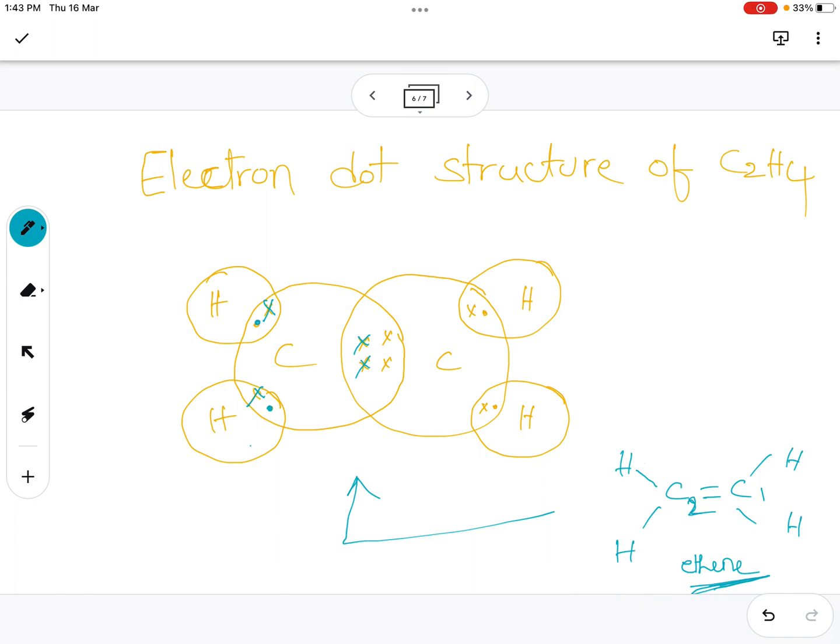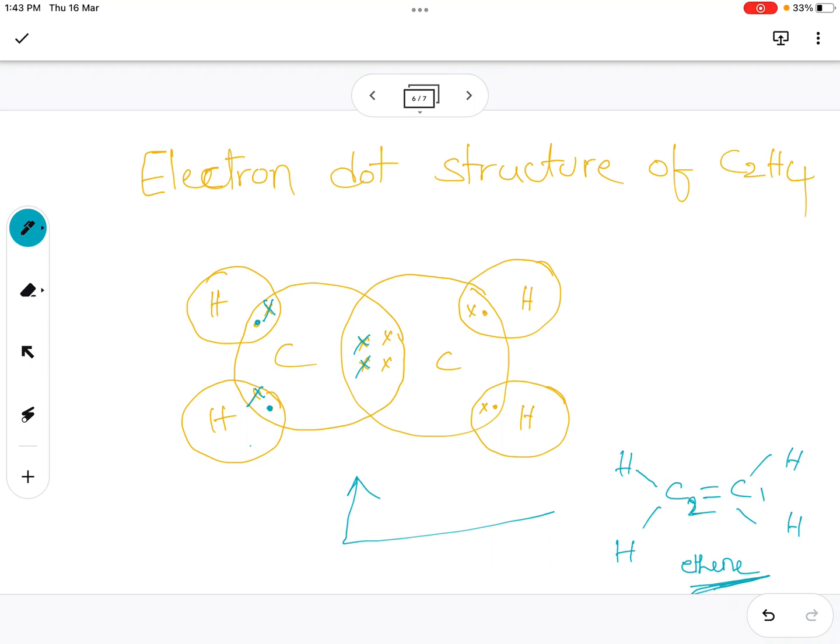This is about saturated and unsaturated compounds. Saturated hydrocarbons contain only single bonds. Unsaturated hydrocarbons contain double or triple bonds. Well-known examples of saturated carbon compounds are methane and ethane.